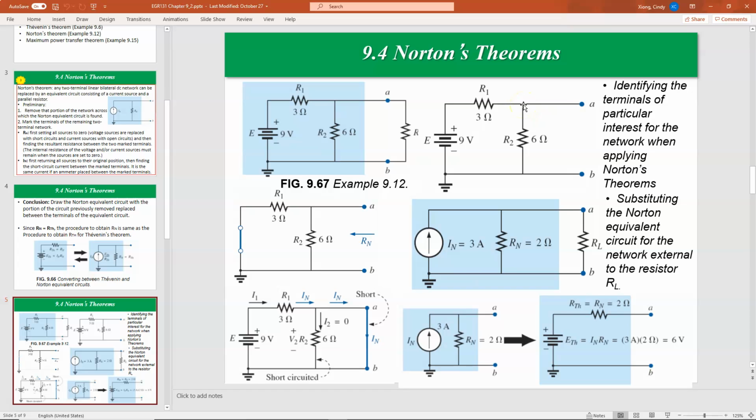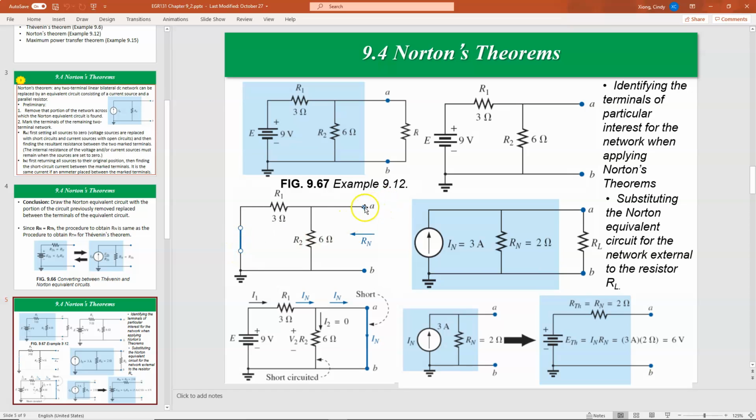The second step is we need to find the RN. To find the RN, first we need to set all the power sources to 0. In this circuit, we just have a voltage source, so we replace the voltage source with a short circuit.